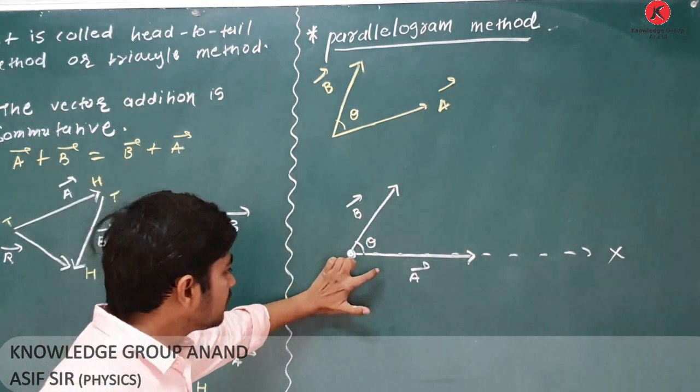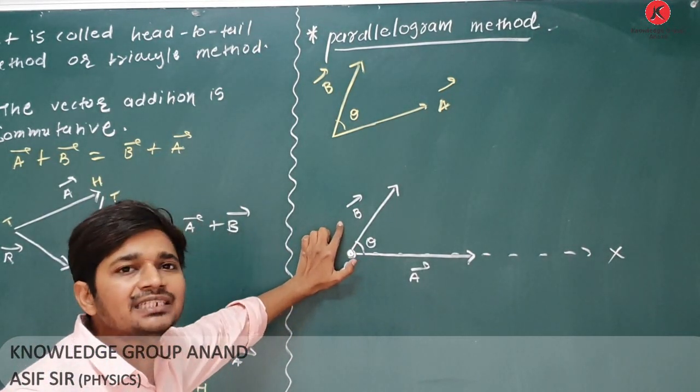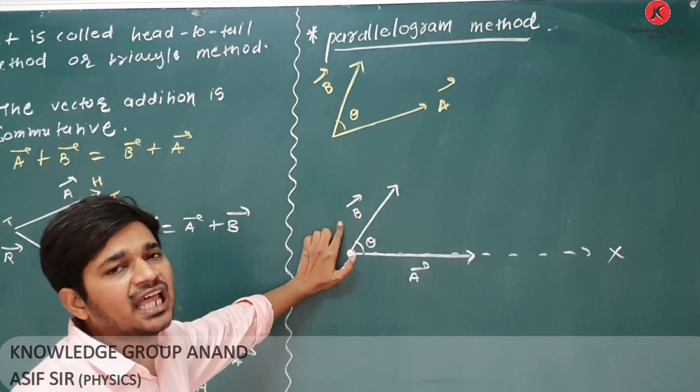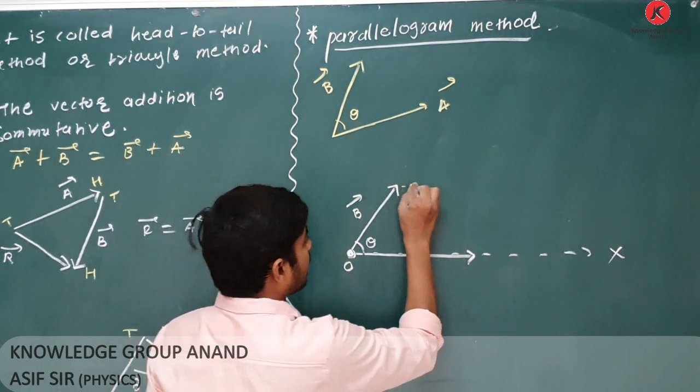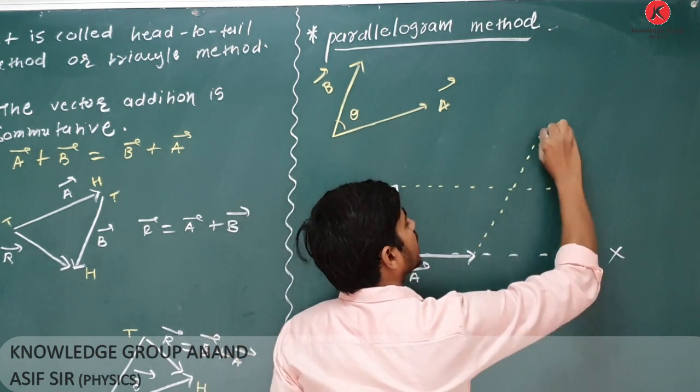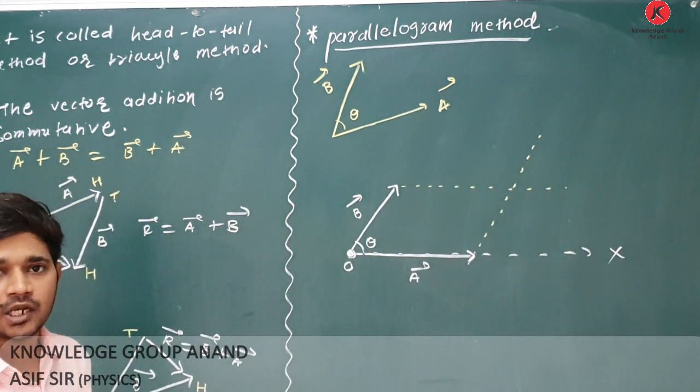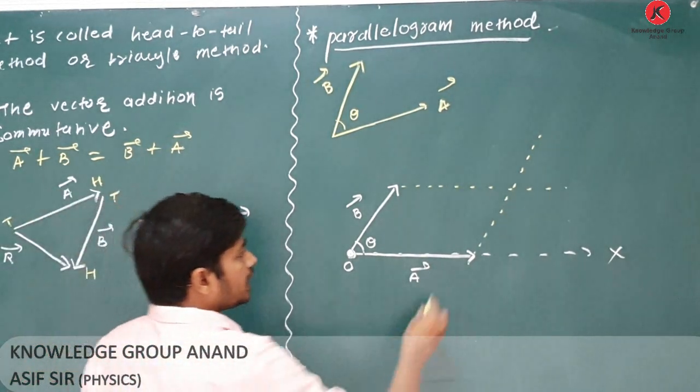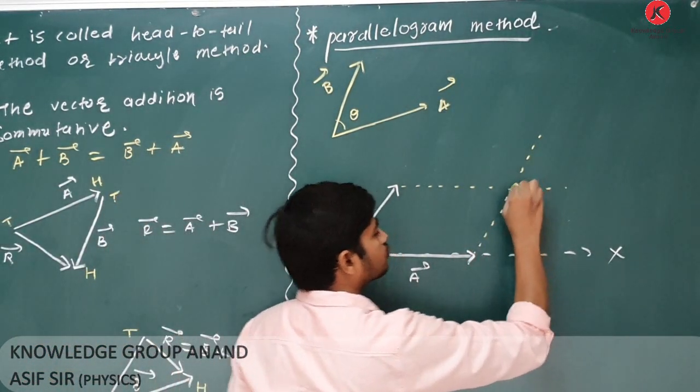Now assume these two vectors as adjacent sides of a parallelogram and complete the parallelogram. Draw parallel lines, and complete the parallelogram. Clear? So it is the point of intersection of these two lines.